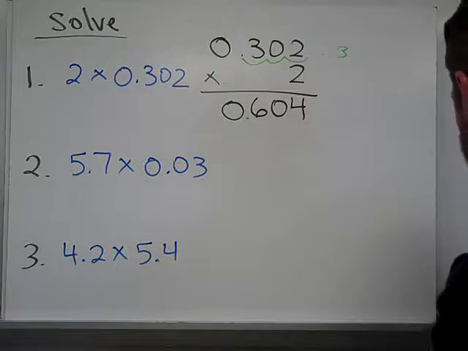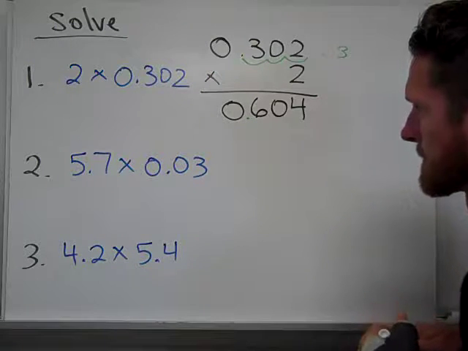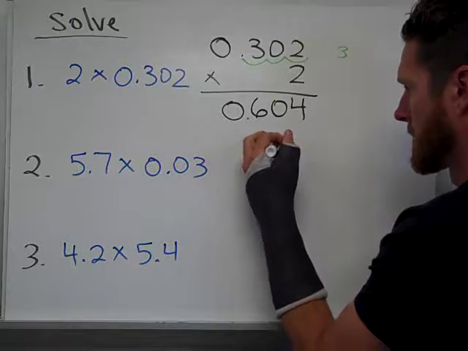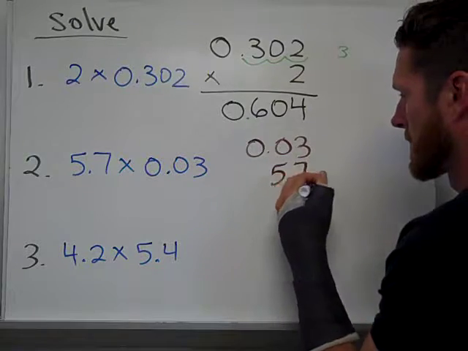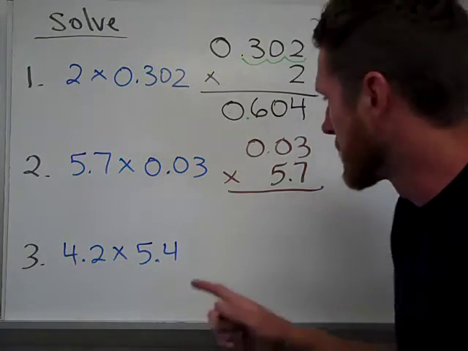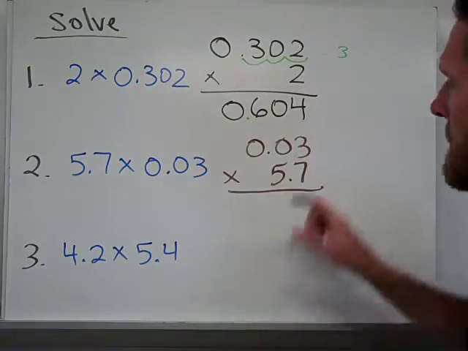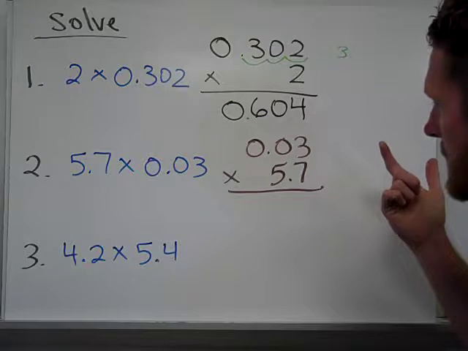Let's do the next one as well. The great thing about multiplication is you do not line up the decimals. You don't have to do that like you do with addition and subtraction. Now I probably should have written the problem the other way so that I have to multiply less.